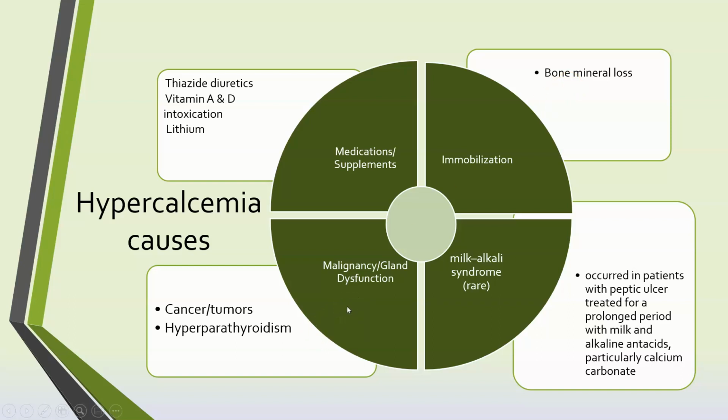Malignancy or gland dysfunction can result from cancer or tumors and hyperparathyroidism. It can also be caused by something called milk-alkali syndrome, which is rare, and that occurs in patients with peptic ulcers treated for a prolonged period with milk and alkaline antacids, particularly calcium carbonate.